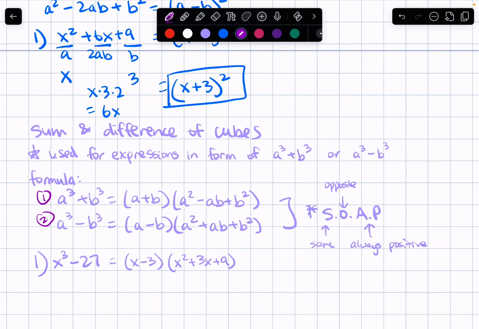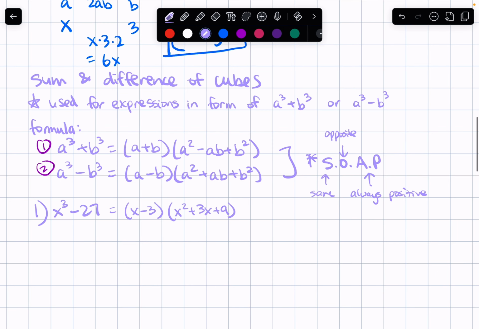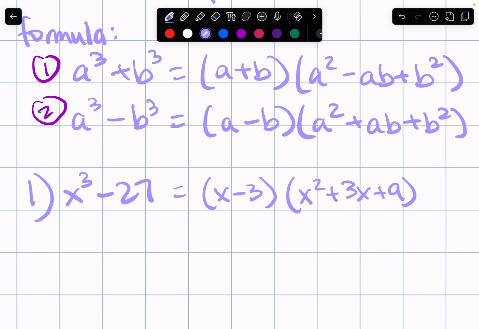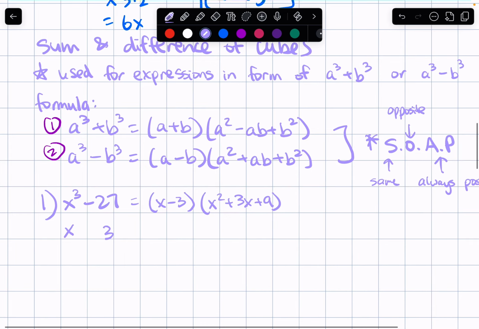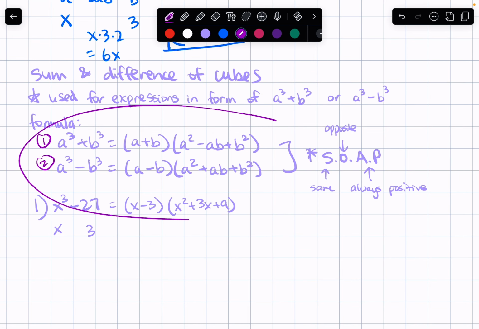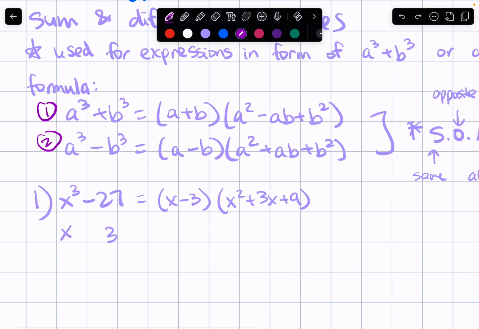So an example is x cubed minus 27. So a term is x, b term is 3 because 3 cubed is equal to 27. And just following this rule and remembering SOAP, we're going to do x minus 3.